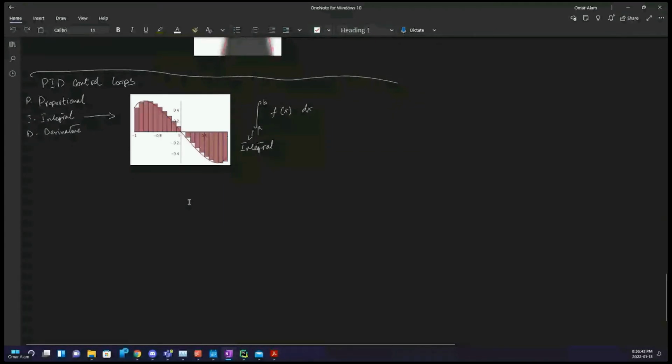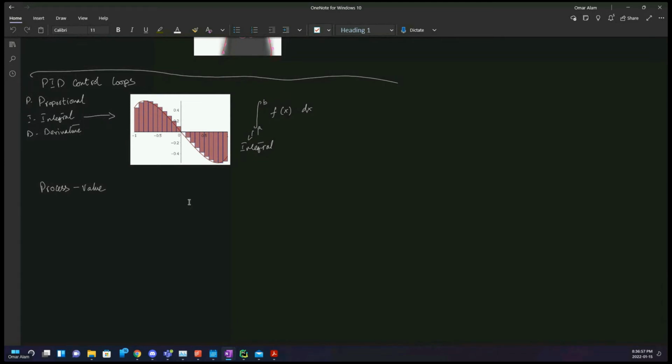And now we're going to introduce some terminology that we're going to use for the next 20 minutes or so. To understand PID controllers, we have a process value. Just to give a short introduction, PID controllers are used to control systems, such as thermostats or your car or an aircraft.